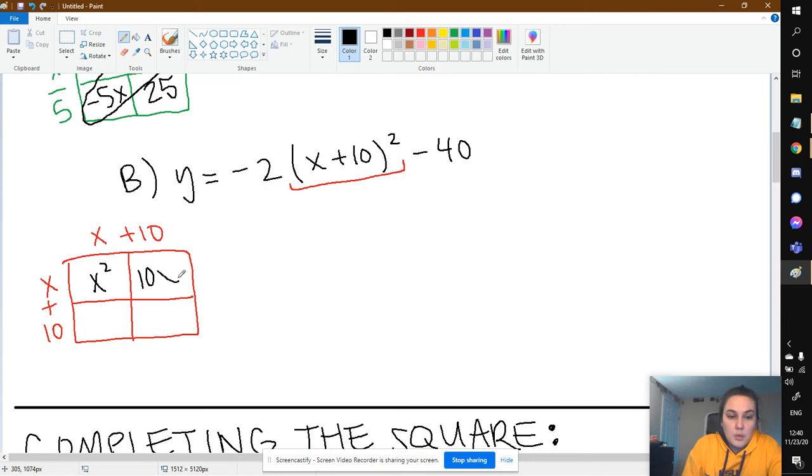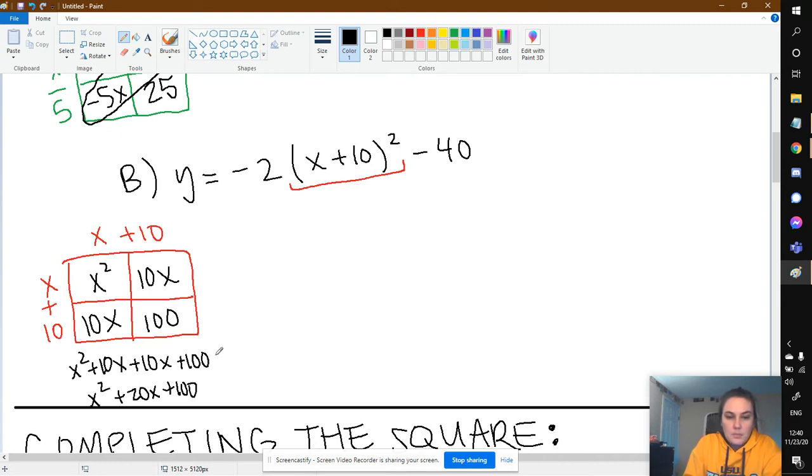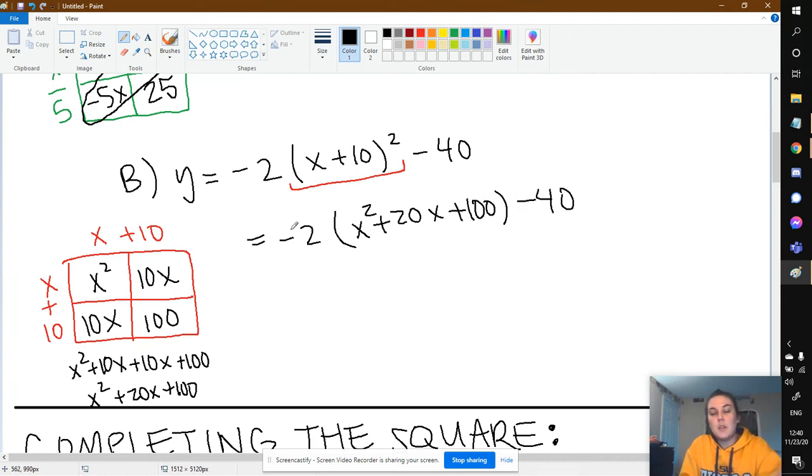We are always going to have these two numbers be the exact same. And then when we write this out, we'll be able to add the two 10x's and get 20x, thus getting x squared plus 20x plus 100 here, and copying down the negative 2, copying down the negative 40.